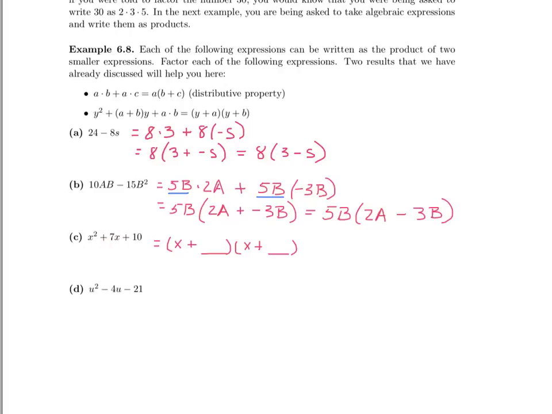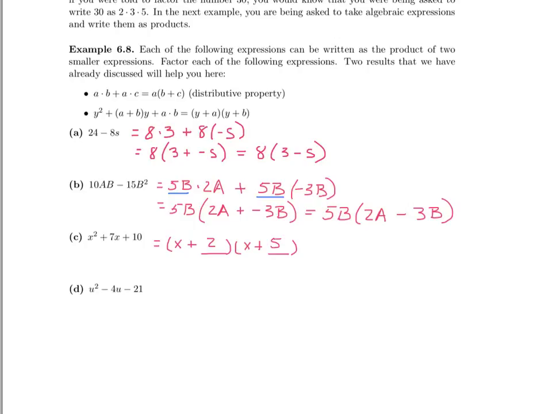So, just a recap. What do we know about these two numbers? If I multiply these two numbers, they'd better give me 10. If I add these two numbers, they'd better give me 7. Can you think of two numbers that fit the description? 2 and 5 should work. So let's insert 2 and 5 in here.